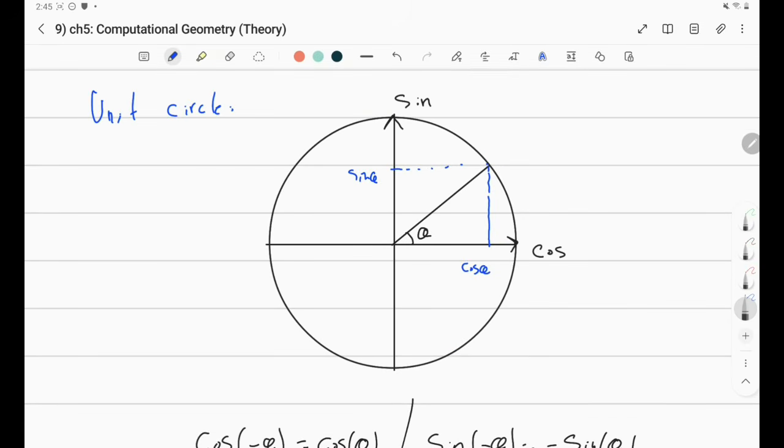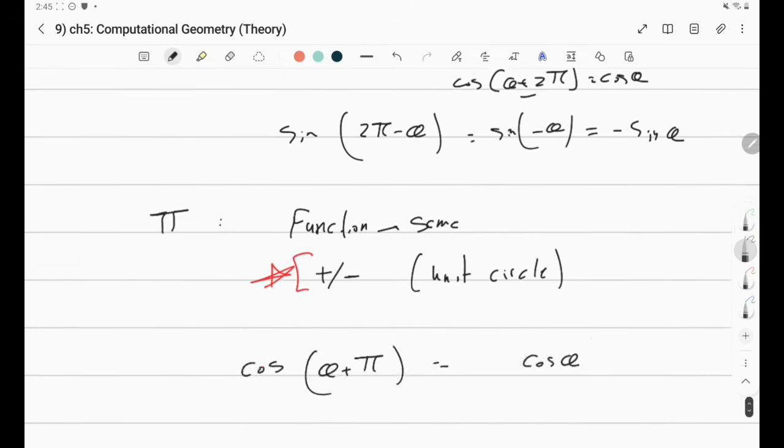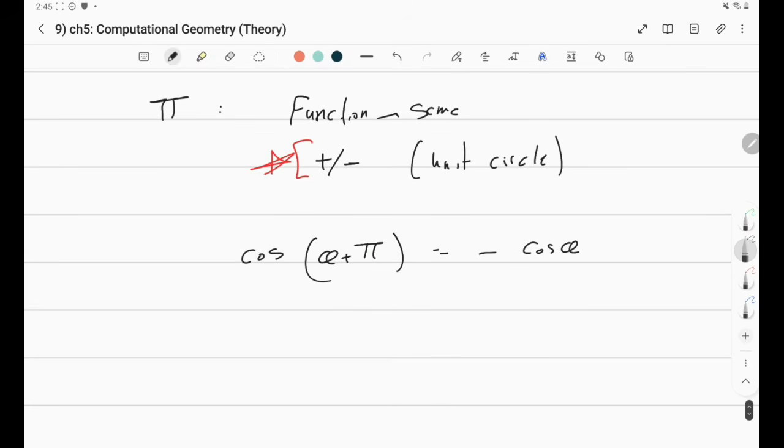If I have some theta here, what happens if I add a pi? I'm going to be here. In what quadrant am I? This is the third quadrant. Here everything is negative, so the cosine is negative. Here it was positive, so you just flip it. Say minus cosine theta. Keep that in mind.